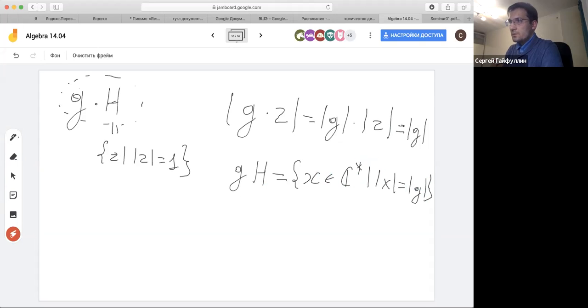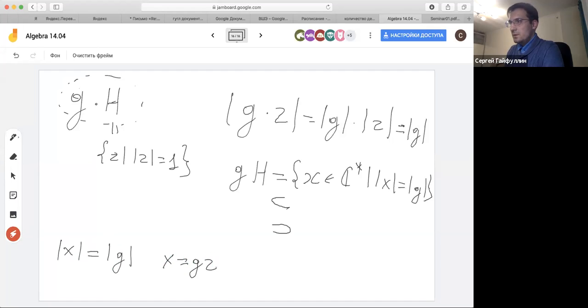Let us prove it. We have proved that there is an inclusion here. Why is there the inverse inclusion? Because if we have x such that the modulus of x equals the modulus of g, then we need to show that x equals gz.